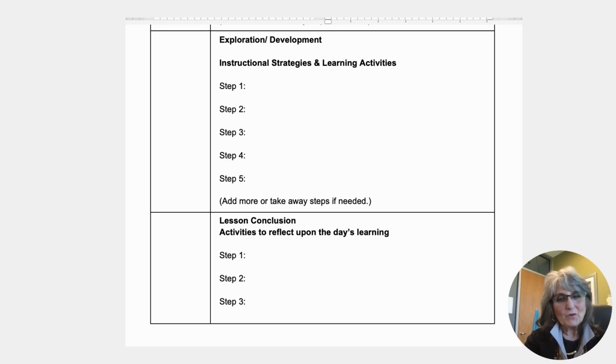And let me tell you, the independent practice comes directly from your learning objectives. Whatever you wrote as the condition in your learning objective comes in at this point in your lesson.